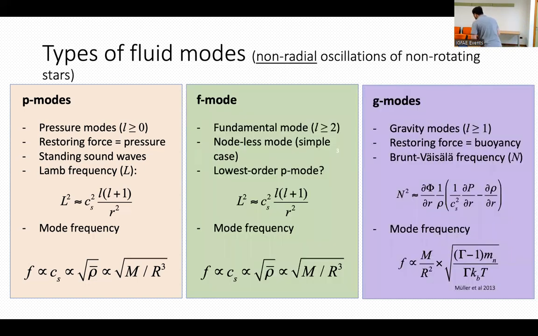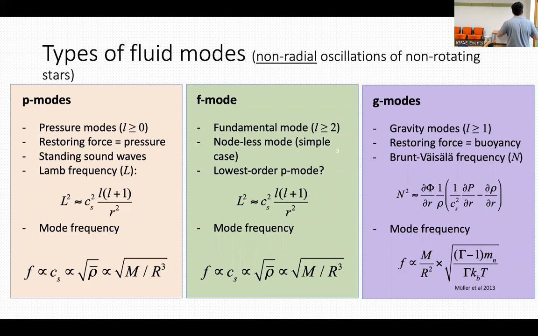However, when you have non-radial oscillations, which is what we want to analyze because they are the source of gravitational waves, you can find two different kinds of modes. Something called the f mode, the fundamental mode, that only appears when l is larger than or equal to 2.